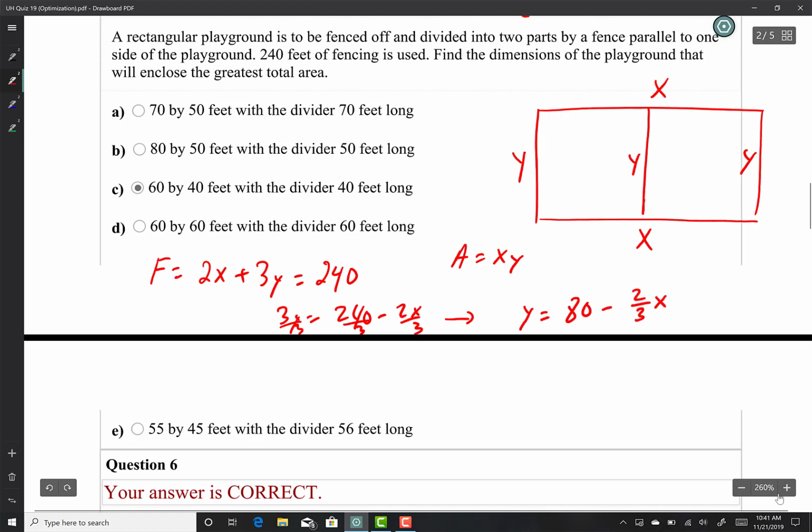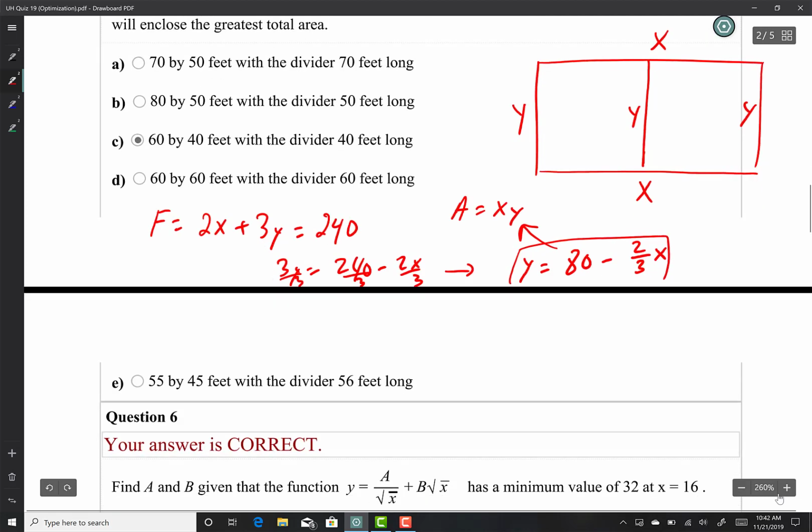Okay, I'm going to plug that in there. So I'm going to write it right here, guys, because I got some space. Area equals x times 80 minus 2/3 x. Distribute, so I have 80x minus 2/3 x squared, and that's what I want to take a derivative of because that's what I want to maximize.